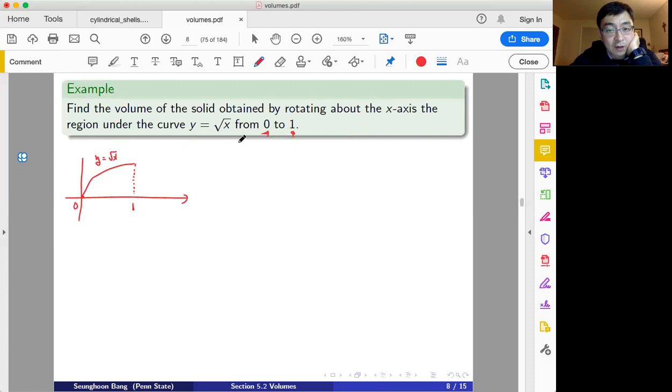So we have this region like this. The next, you have to rotate this region about the x-axis. You have to rotate this region about the x-axis. So we have this solid.